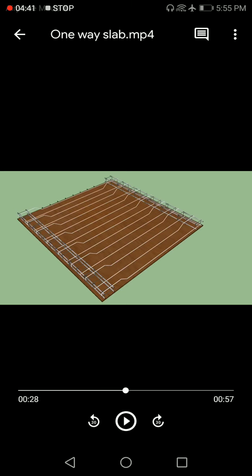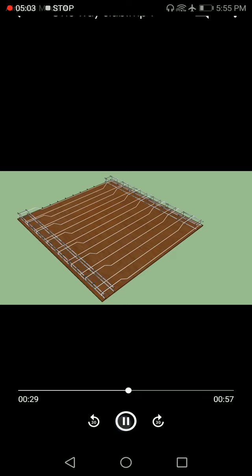This is the shorter reinforcement, which is provided at the bottom. The transverse reinforcement, that is the distributor, is provided over it.